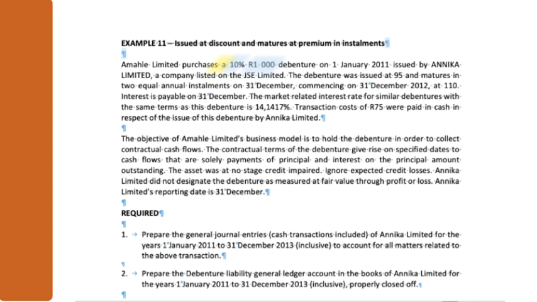So the 10% and the 1,000 Rand give investors an indication of the returns that they will earn on this debenture. So in this case, they will receive 10% per year interest on 1,000 Rand. In other words, they will receive 100 Rand interest in cash per year over the term of the debenture.